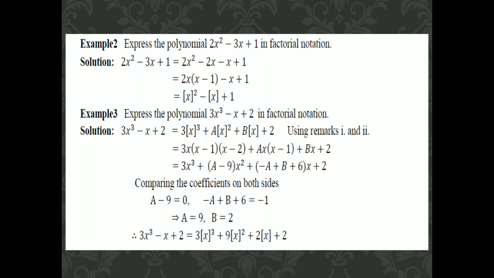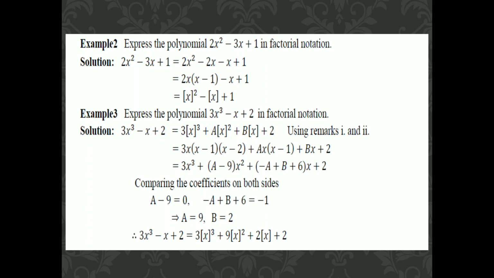Now in the next example, we have to express the polynomial 3x cube minus x plus 2 in factorial notation. So 3x cube minus x plus 2 can be written as 3 into the factorial x cube plus a into the factorial x square plus b into the factorial x plus 2, using remarks 1 and 2.